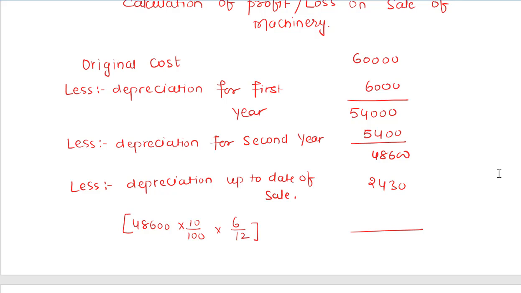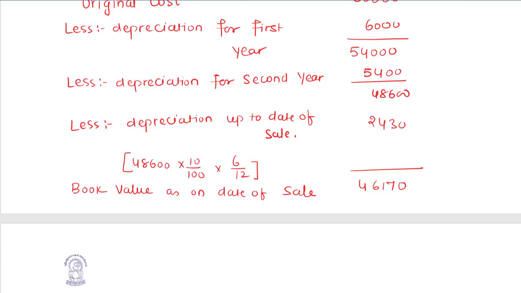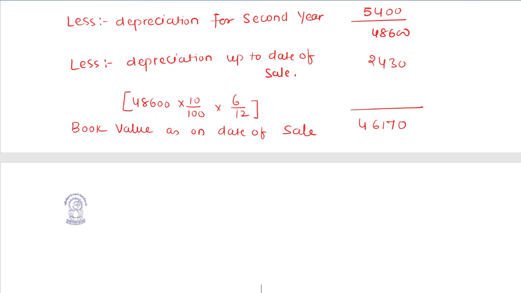Deduct this amount. 48,600 minus 2,430 is 46,170. This is book value as on date of sale.